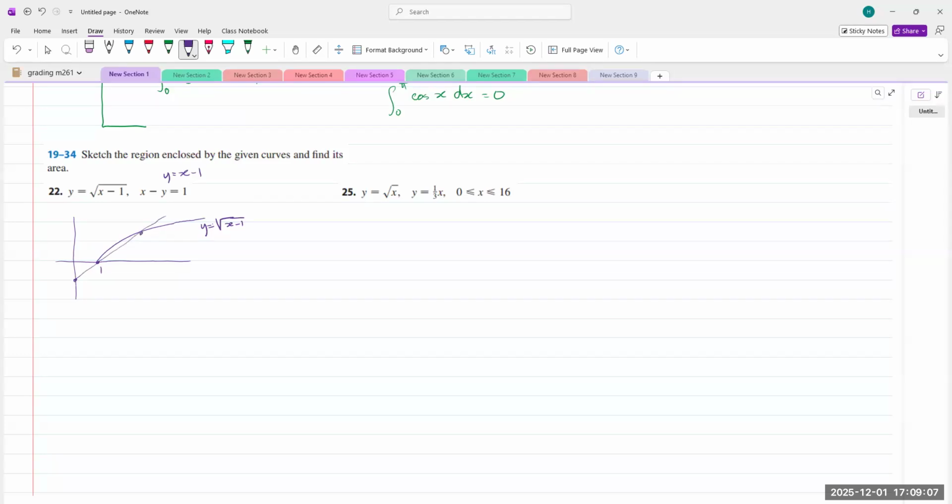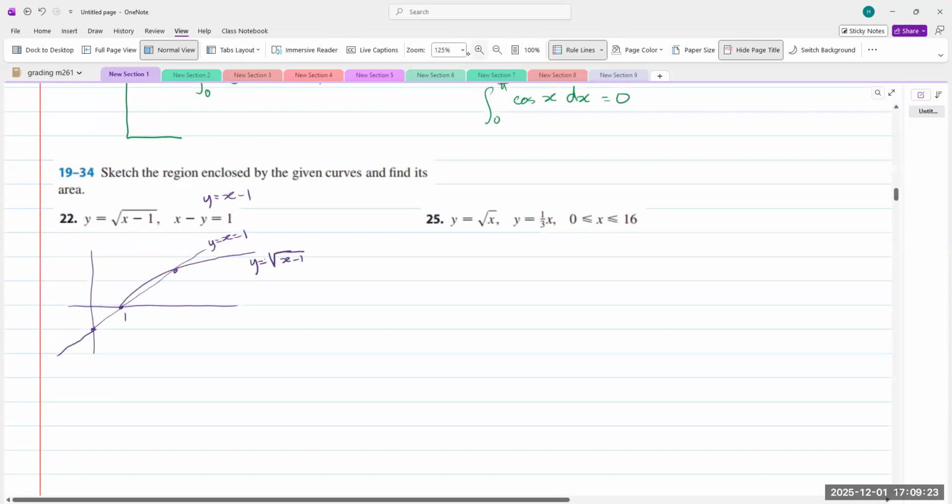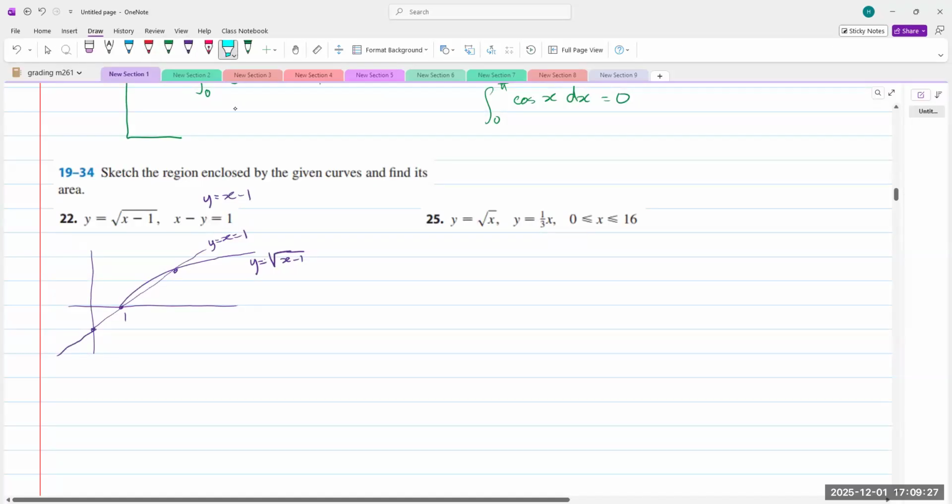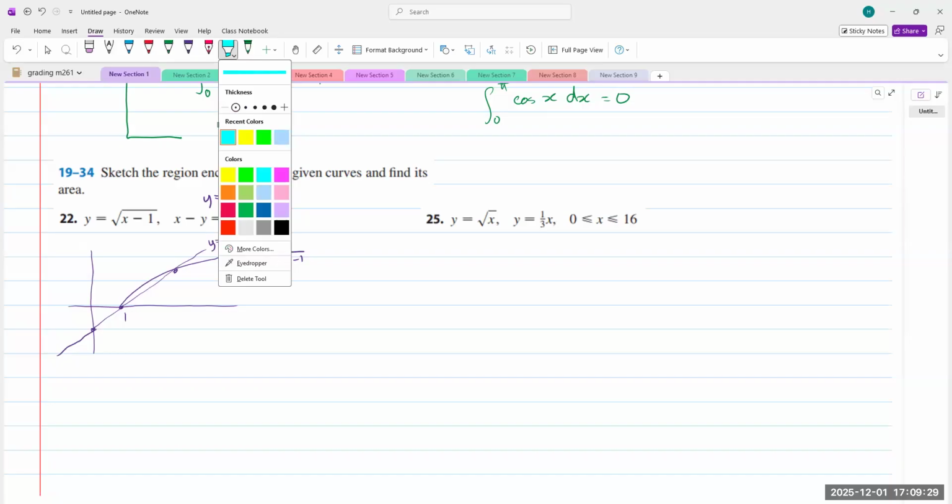This is y equals x minus 1. So our region is this very tiny, skinny, small region. I don't know how to call that, but you know what I mean. It's like this small one here.